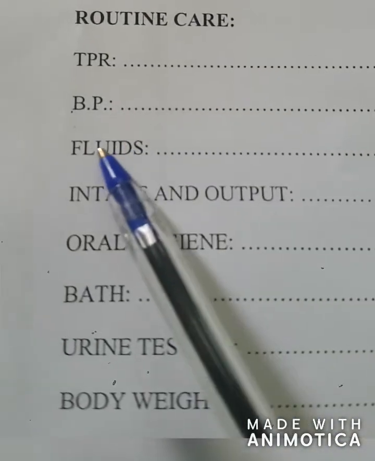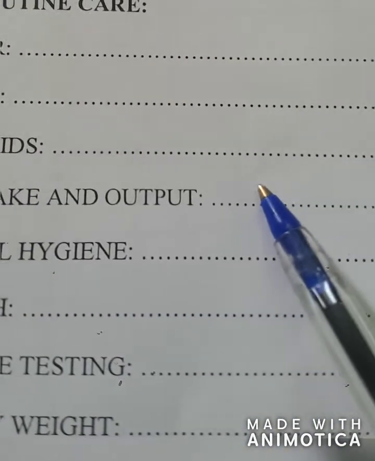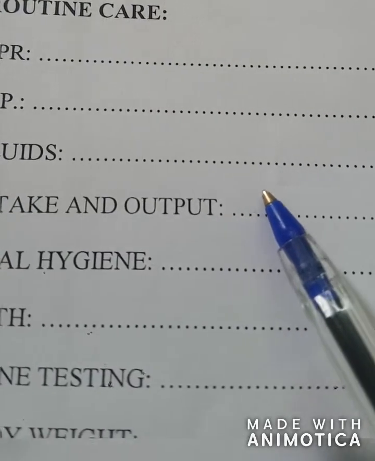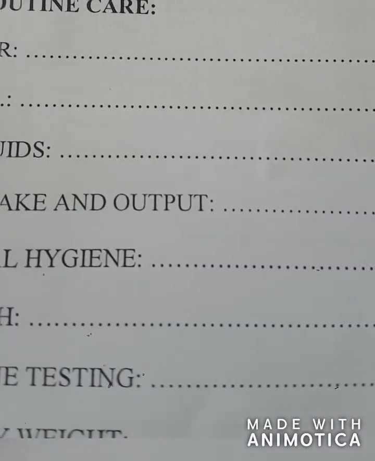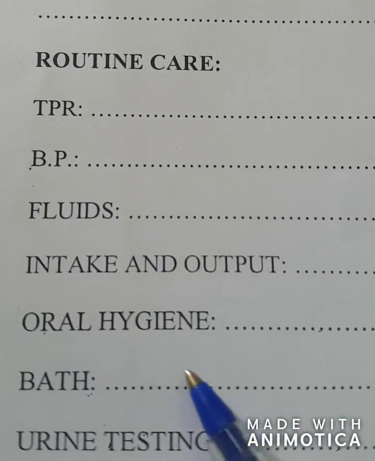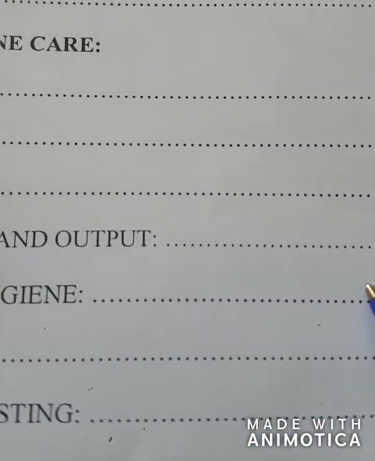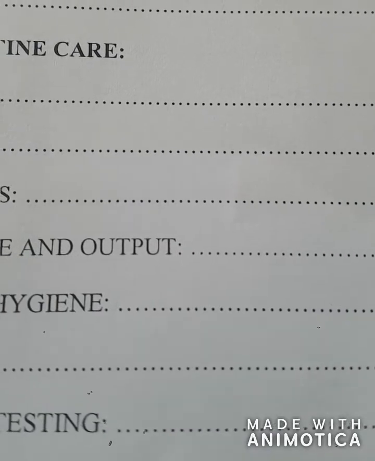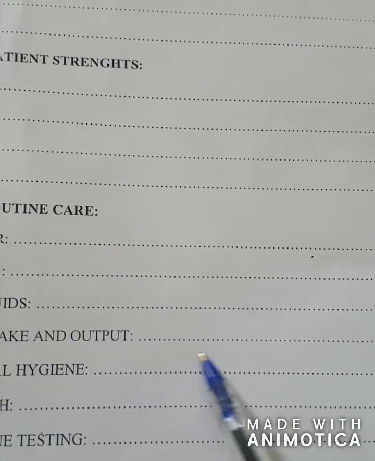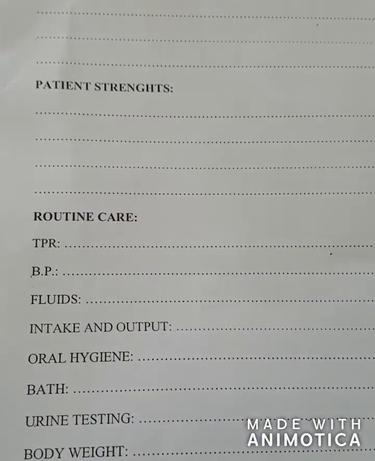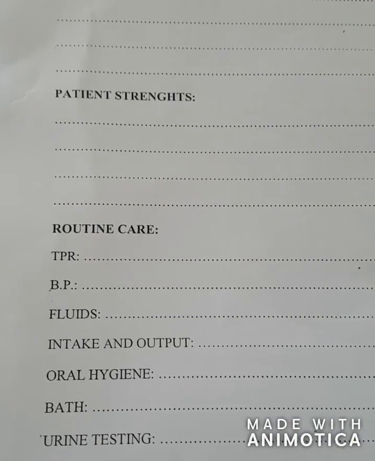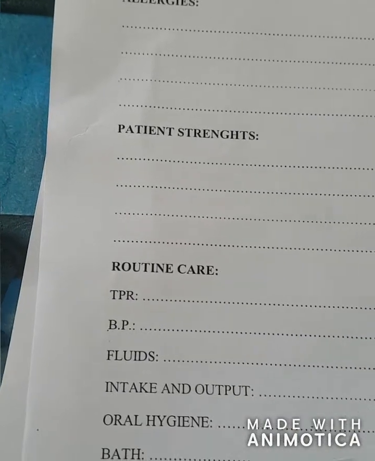Then intake and output, you can write monitored and balanced over 24 hours. Oral hygiene, maintained twice daily with toothpaste and toothbrush if there is enough time. If you don't have enough time, then you just write maintained twice daily, which is accepted. Bath, maintained twice daily or once daily, depending on what the patient tells you or what you identify with the patient.